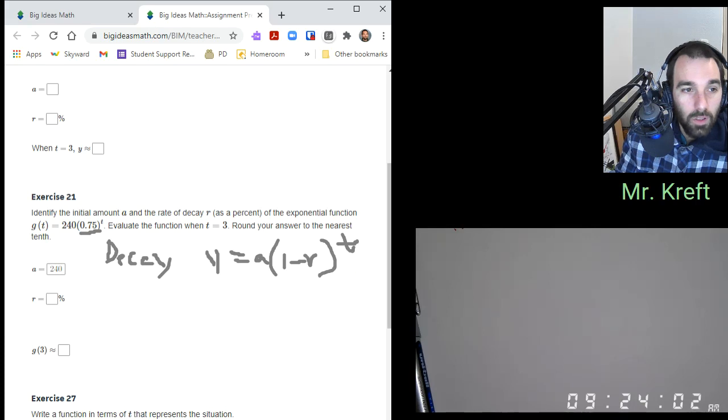So I'm going to have 1 minus r equals, and then what's inside here? 0.75. Okay, so we're going to have to solve for r. So to solve for r, I'm going to, here I can change my color here. We're going to subtract 0.75.